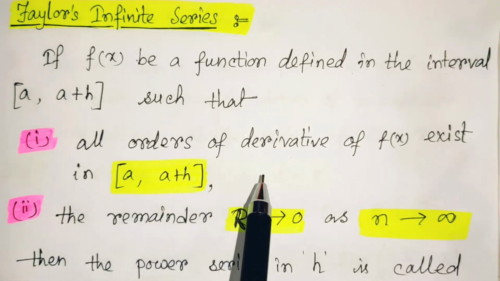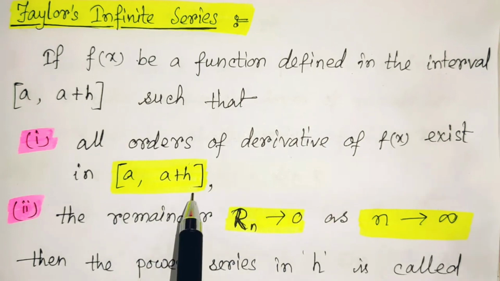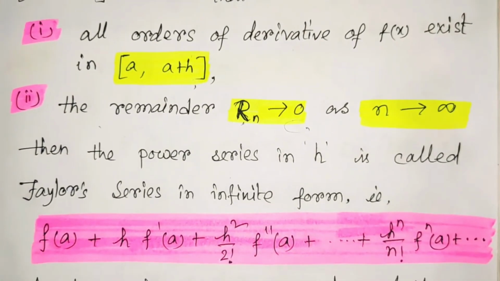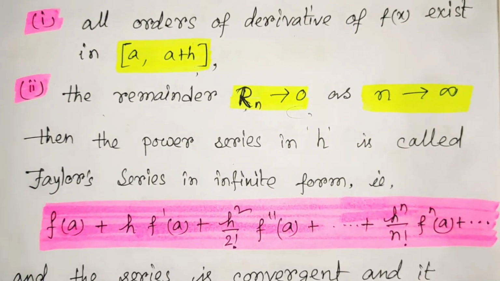So any order of derivative will exist within this given interval, and the remainder Rn should tend to 0 as n tends to infinity.